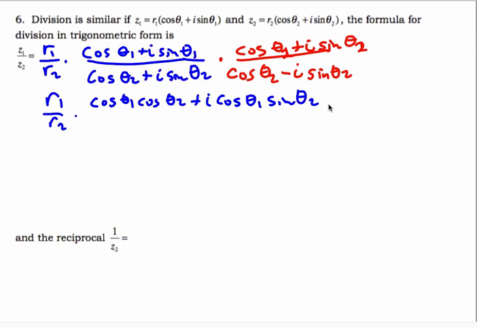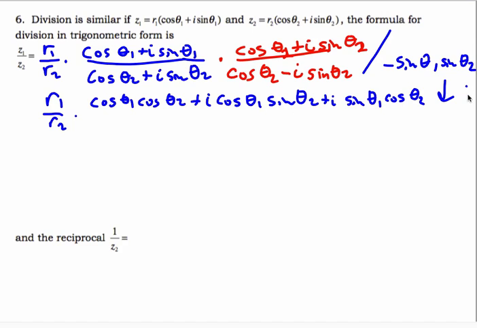And here we're going to get I sine theta 1 cosine theta 2. And lastly, remember I times I is negative. I don't have enough room again. So it's going to be negative sine theta 1 sine theta 2. Okay, that looks about right. Close the bracket. Oh, there's no bracket. Alright.